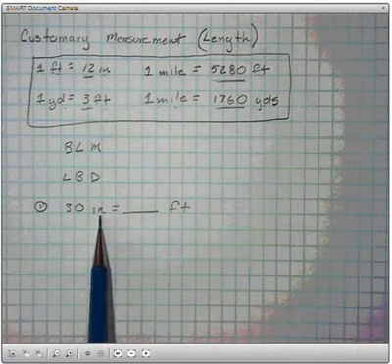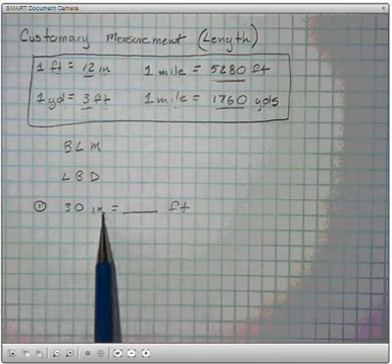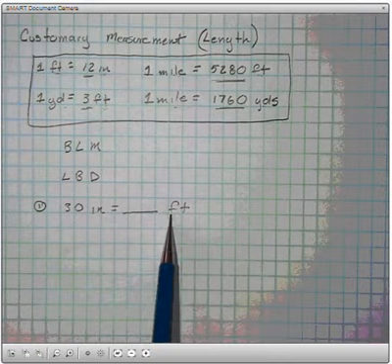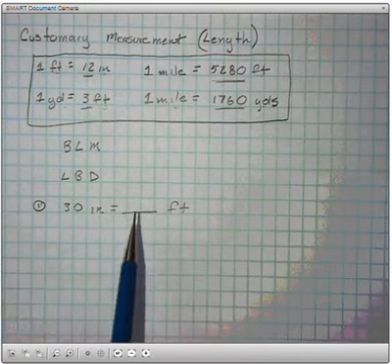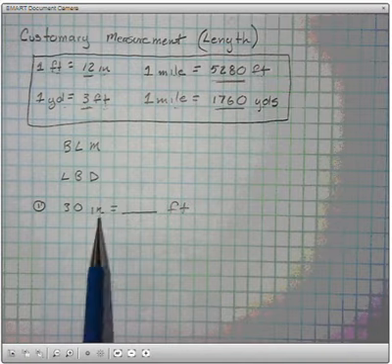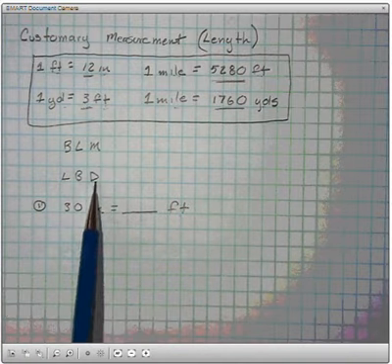When you're going from inches to feet, you're starting with a small measurement and going to a large measurement. So when we have 30 inches and we have to convert it to how many feet it is, we're going from little to big. When we go from little to big, we're going to divide.